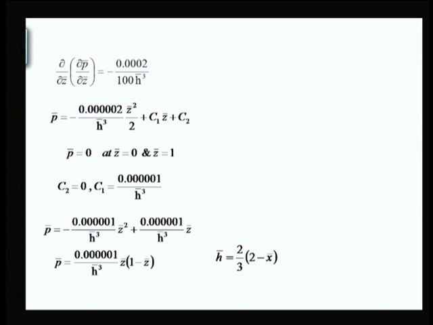In this case, this clearly says whenever z bar is equal to 0, pressure will be 0. Similarly, whenever z bar is equal to 1, pressure will be 0. So, this is confirming that we have not made any mistake in evaluating this expression.